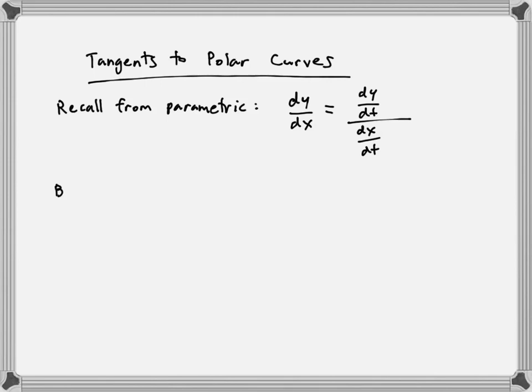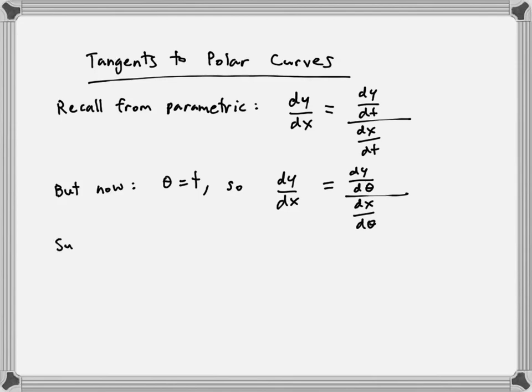But what's our parameter now? Well, right now theta is our parameter, so this means that dy/dx is equal to dy/d theta divided by dx/d theta. But what are x and y as functions of theta?